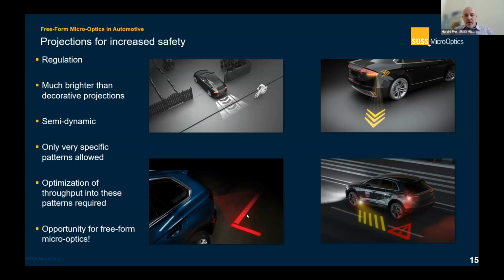So you need to be much more careful what you do with the light, what you do with the input light. And there, freeform optics can help to already tailor light distribution into the micro lens array to get more light out. So there's a big opportunity for freeform micro-optics to get much more efficient in this area of application.